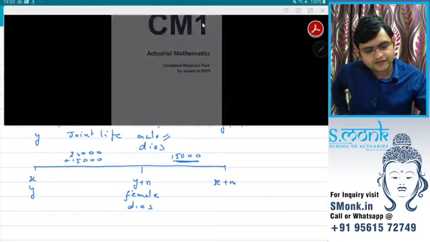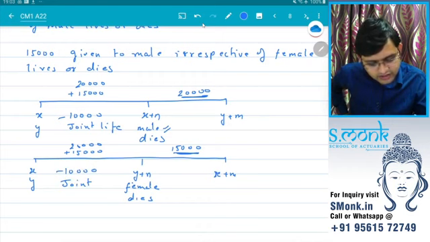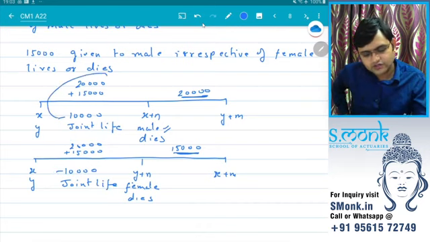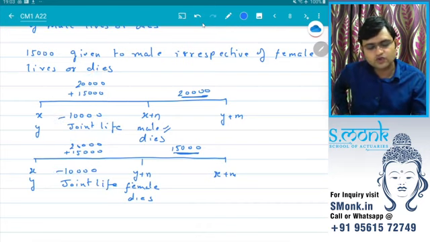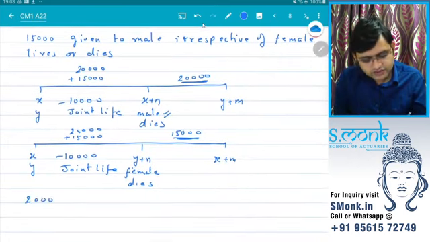Similarly, if I subtract 10,000 here in joint life, then in total 25,000 is given when both are alive. So this is how we will make this equation. We will say 20,000 given to female.